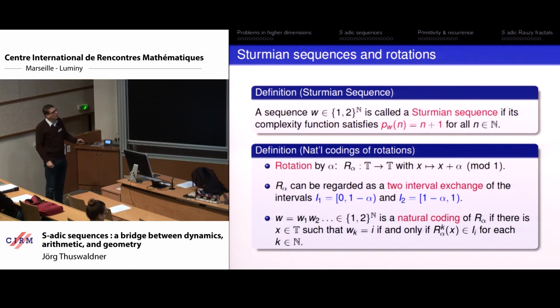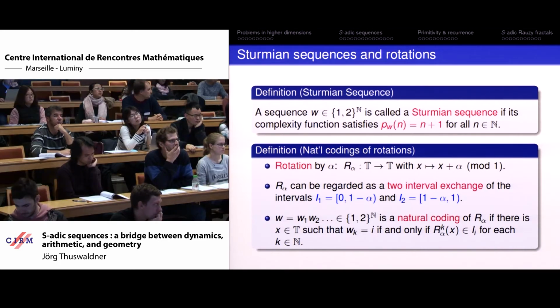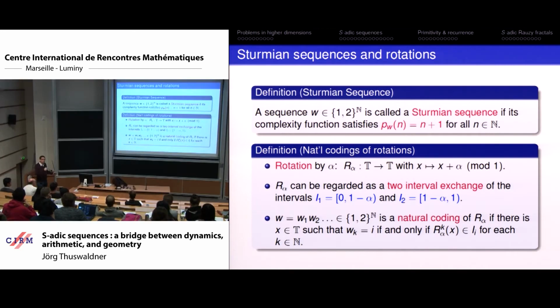You get a lot of points, and you keep track of in which of these two intervals your points land. Whenever you land in the interval I1, you write out the letter 1. And whenever your orbit lands in the interval I2, you write out 2. If you keep going forever, this will produce an infinite word on the two letters 1 and 2.